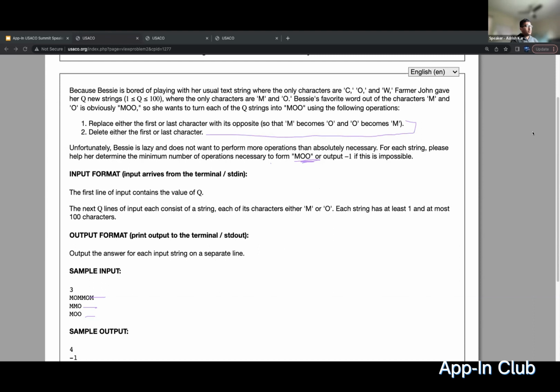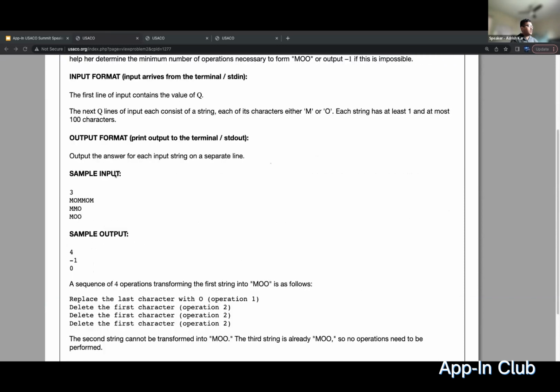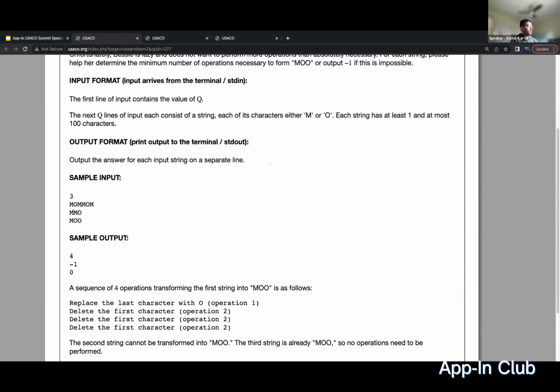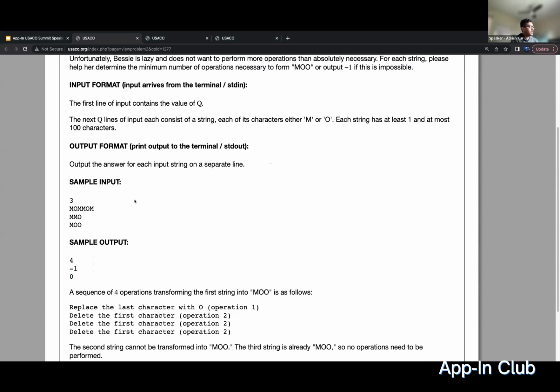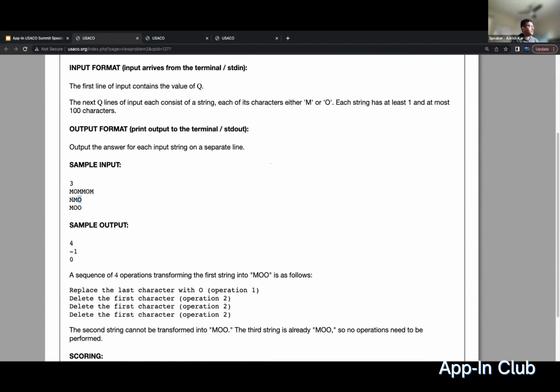If I scroll down, you can see the sample output. For the last one, obviously there are 0 operations. Oh, and it's not whether it's possible, but the minimum number of operations. For this one, it's not possible to arrive at the ending string MOO.